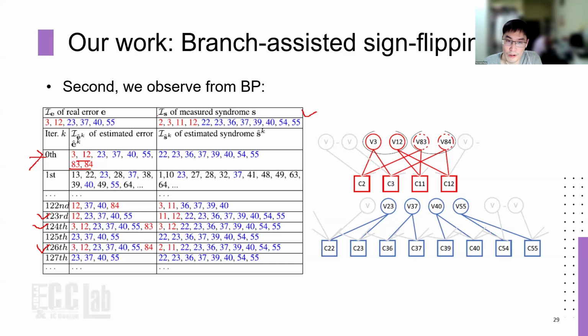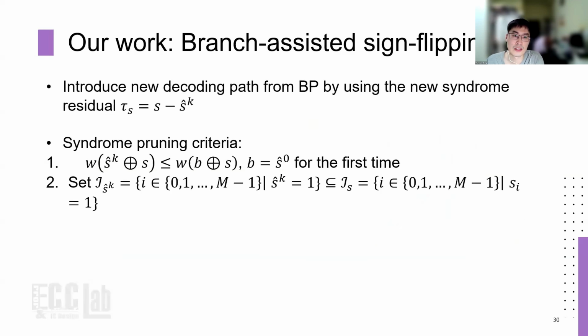The lower error weight possibly corresponds to a lower syndrome weight, so we want to decode using the lower weight syndrome. So we introduce a new decoding path from BP using the syndrome residual.